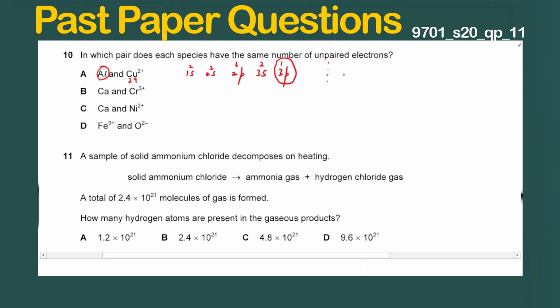Copper 2 positive. Copper has 29 electrons, but copper 2 positive has 27 electrons. So let's write down the electronic configuration of copper. 1s2, 2s2, 2p6, 3s2, 3p6, 4s1 and 3d10.